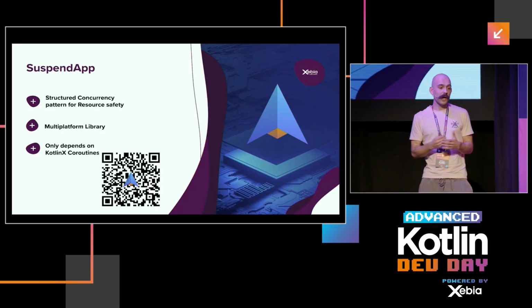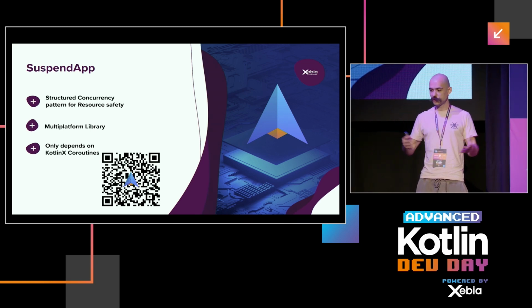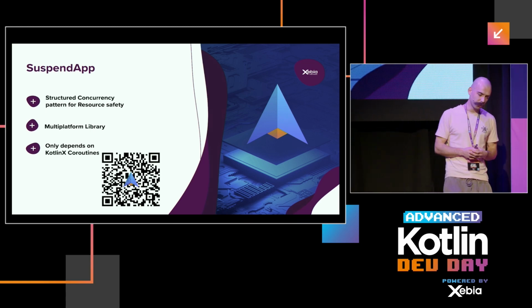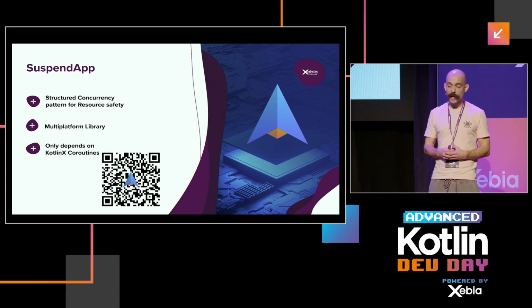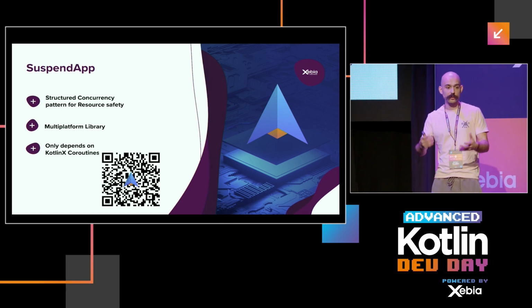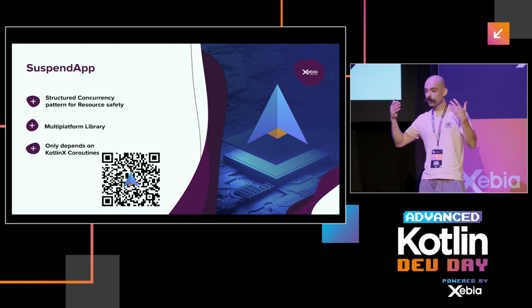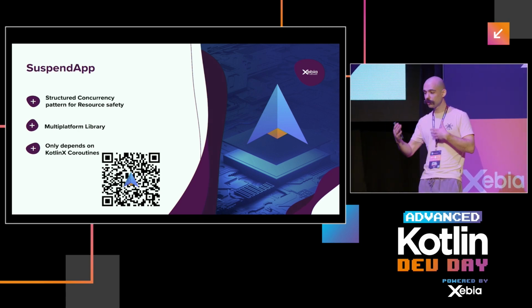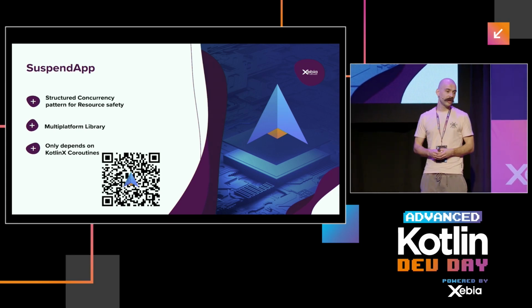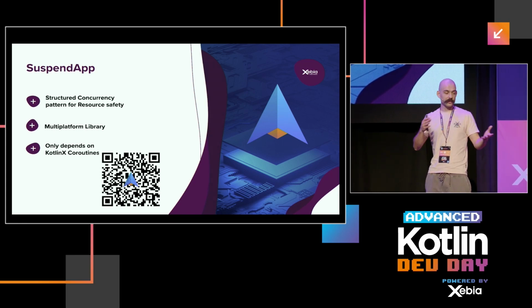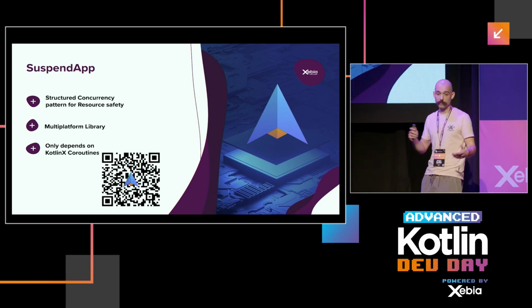So how can we apply structured concurrency for resources? Before we were using runBlocking, and in the Arrow ecosystem, there is a new library called Suspend App that brings the structured concurrency pattern for resource safety. So we can reason about resource safety with this technique that we just discussed, structured concurrency for resources. And what is great about this library is that it is multiplatform.